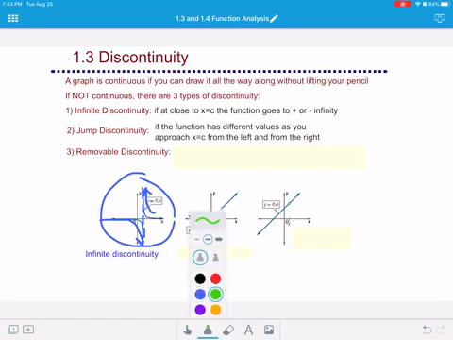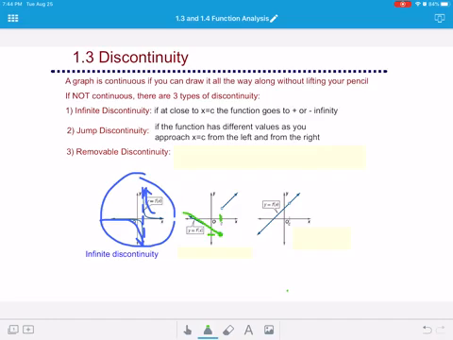If we were approaching this function from the left, here's our value of c. As we approach this value of c, we'd be going down, down, down, and say c was 1. If you were at x is 0.999, your graph would have this value.